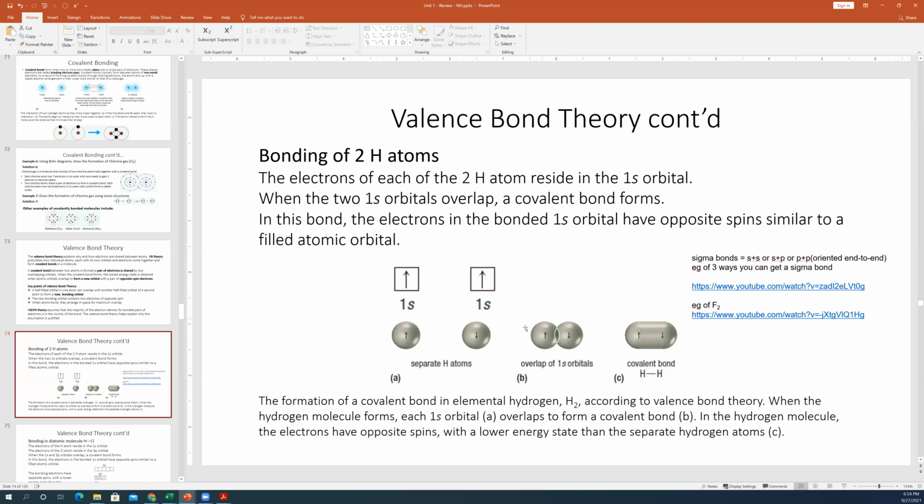As they approach, the 1s orbitals start to overlap until they're shared, and you form a covalent bond. Now each of these hydrogens is seeing 2 electrons in its outer orbital. There's an overlap, a sharing of their outermost orbital, and that forms the covalent bond.